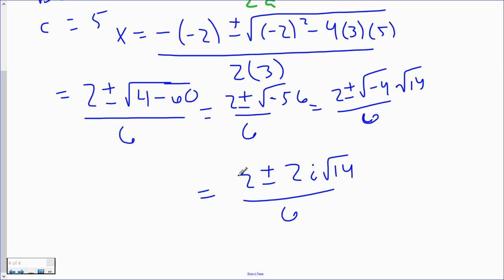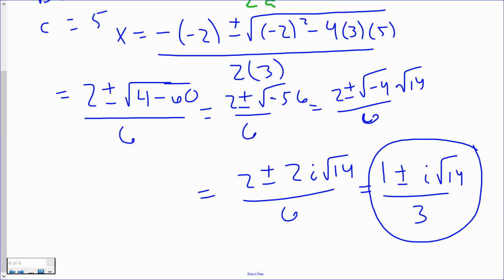Now the last thing I'm going to do is this number here, and this number. All of these you can divide by 2. So if I divide that by 2, 2 divided by 2 will give me 1. Plus and minus, this would give you 2i divided by 2 would be 1i, or just i, radical 14, and then 6 divided by 2 would give you a 3.